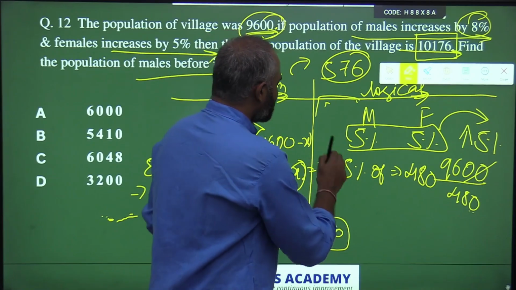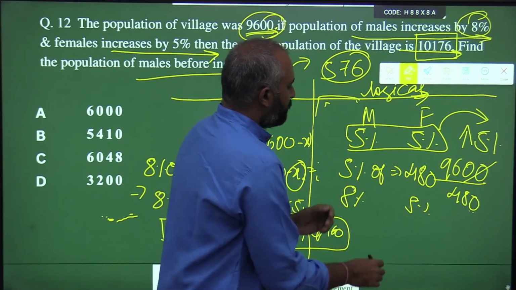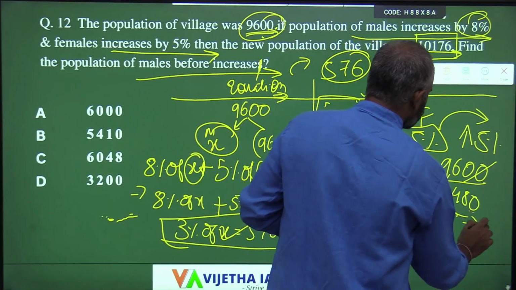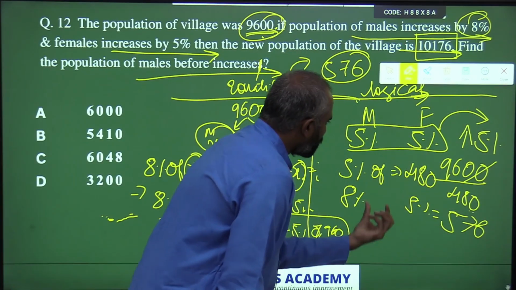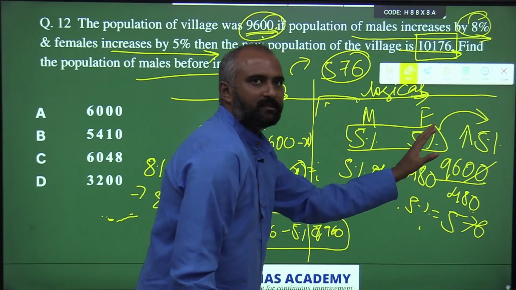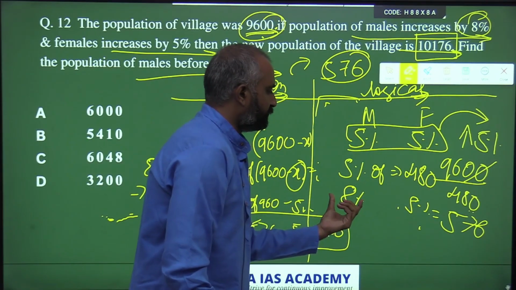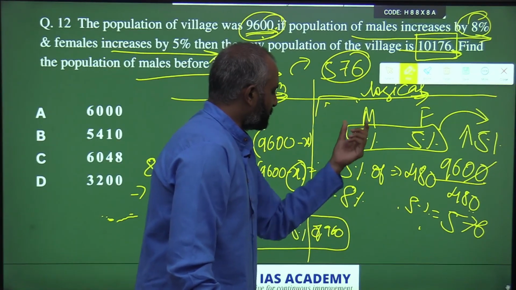Because males increased at 8% and females increased at 5%, we are getting that increase as 576. So what has caused the difference? Females 5%, they don't cause any difference here, but for males it is 5% in one case and 8% here.